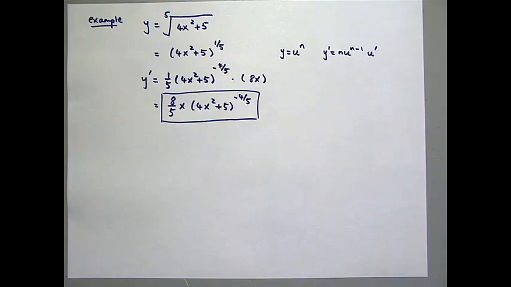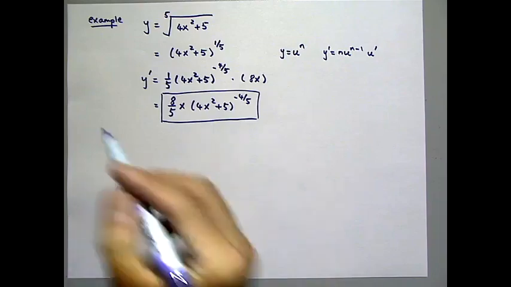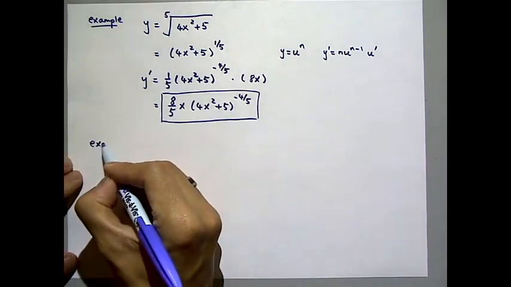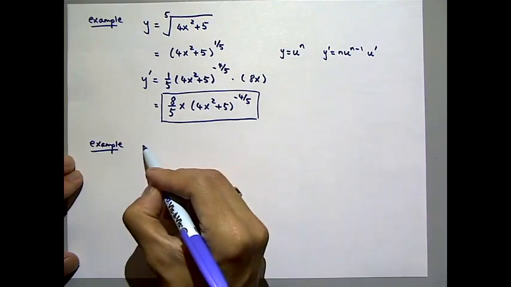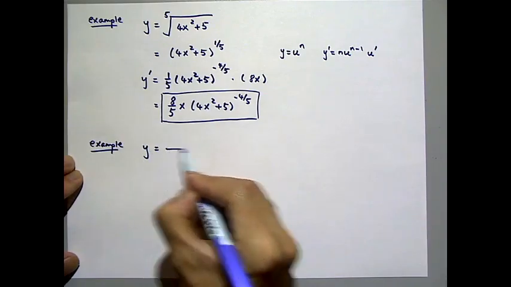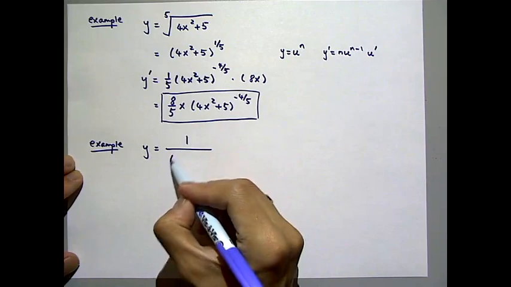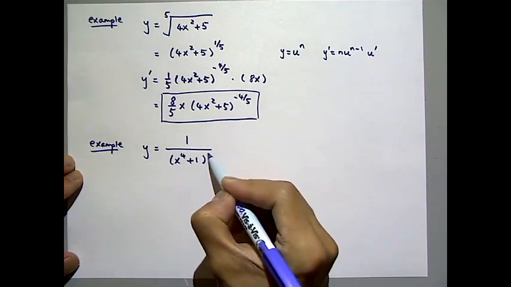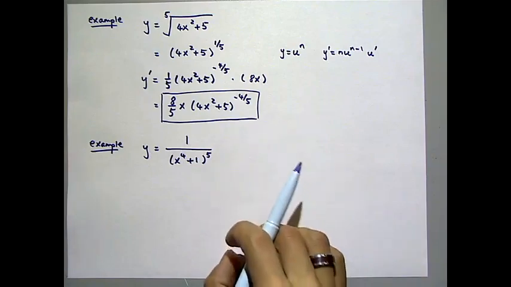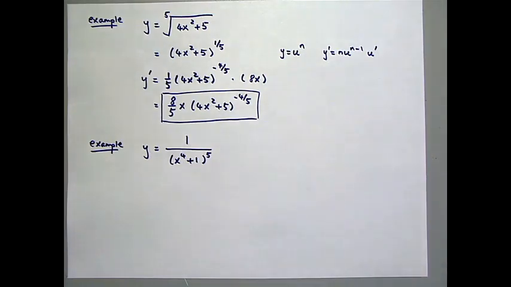All right, does that make sense, everyone? Okay, let's try another one. One over x to the fourth plus 1, to the power of 5.